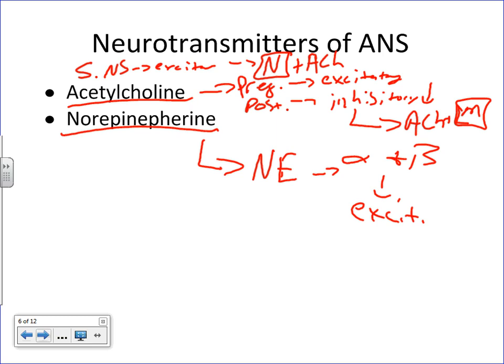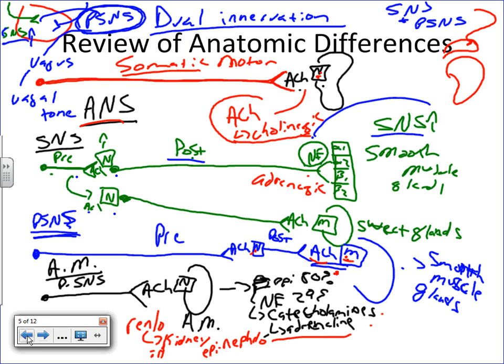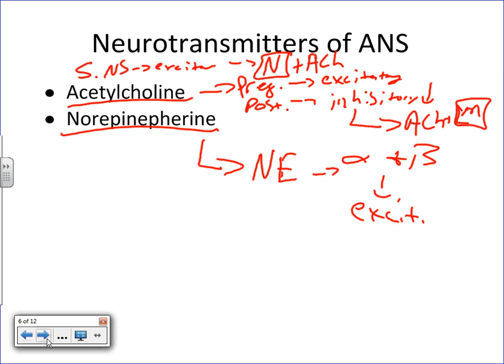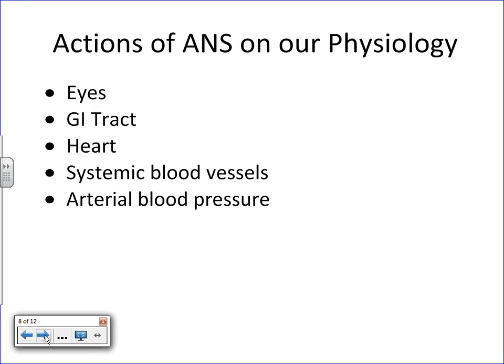With the exception here, as you can see, that this is technically a cholinergic action, acetylcholine on these receptors, except the difference here is that this is still going to be excitatory, because this is going to increase your rate of sweating, your perspiration rate. So keep that in mind. The neurotransmitters, I think we have that pretty much down.